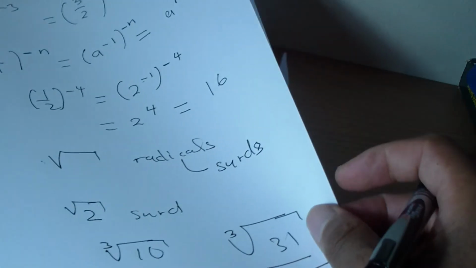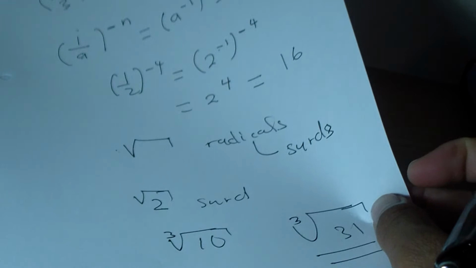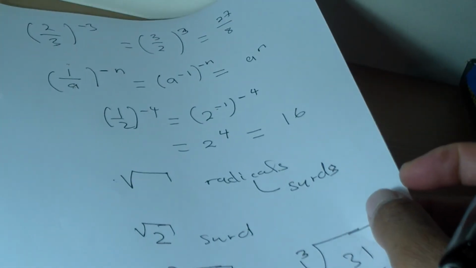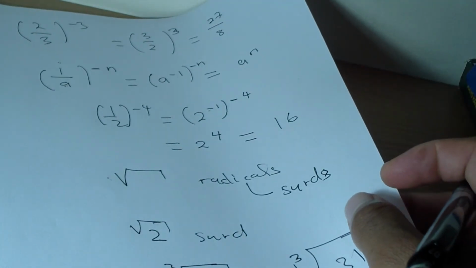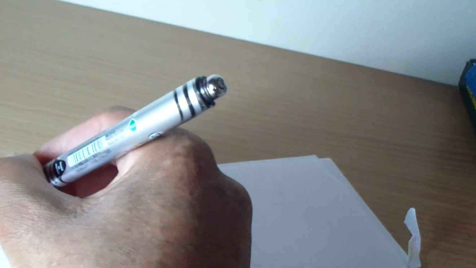Okay, now that we have all these laws or rules that govern exponents, let's try and solve some real life problems that we're going to encounter in our tests and exams. So let's have example number 1.